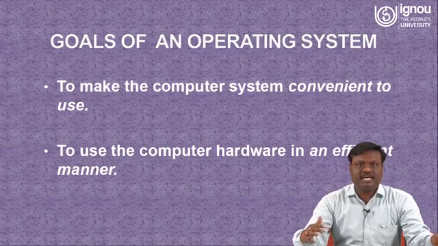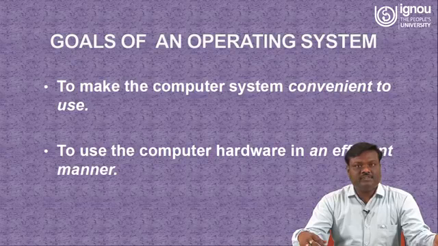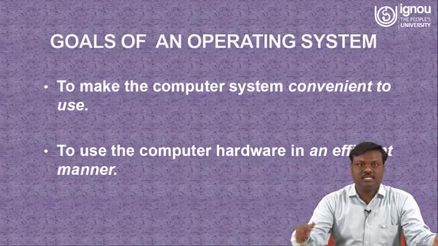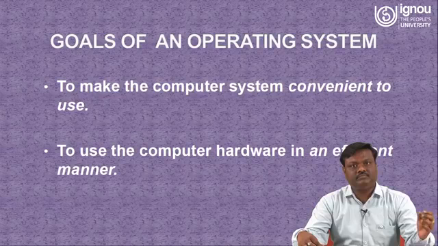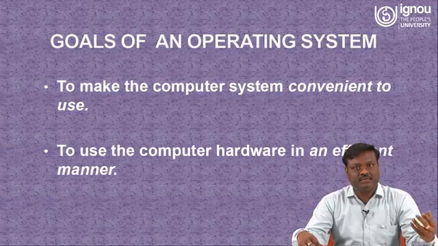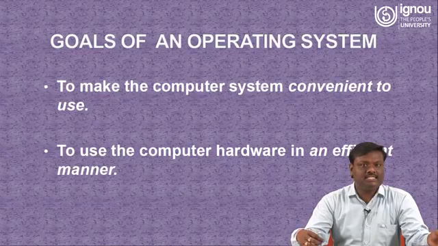It provides an environment with a graphical user interface or a command user interface, and on that interface we give appropriate commands using the keyboard, the mouse or key inputs. This gives a convenient environment to use the system. The other goal is to use the computer hardware in an efficient manner.